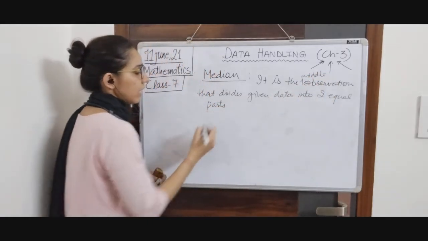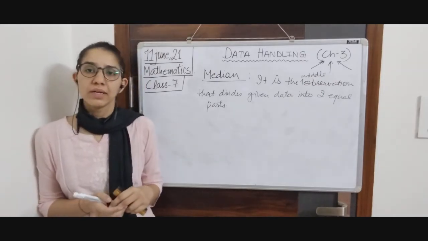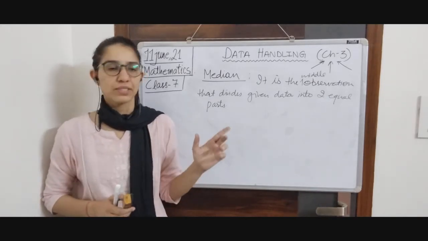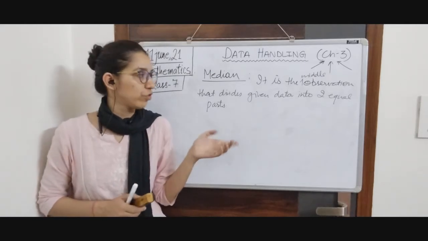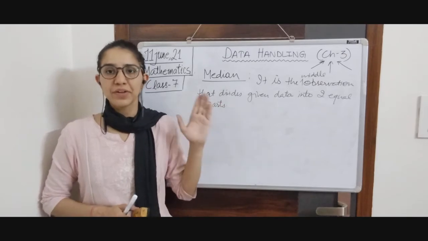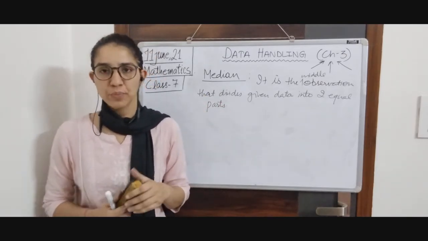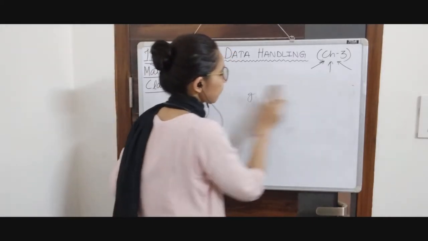Neither mode nor mean guarantees that they will divide the data into two equal parts. Only median does. If you want to know the middle observation for some practical purpose, then we will use median rather than mean or mode. Now we will start with exercise 3.2 to understand their practicability.